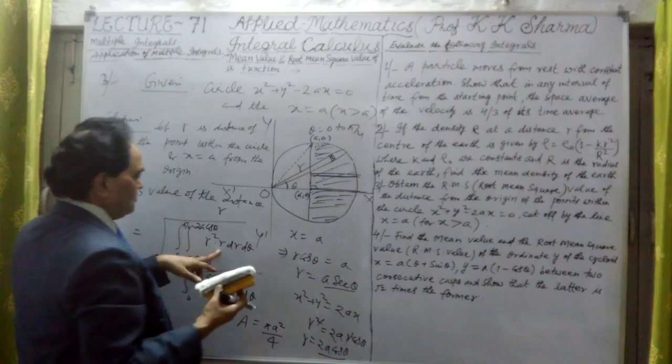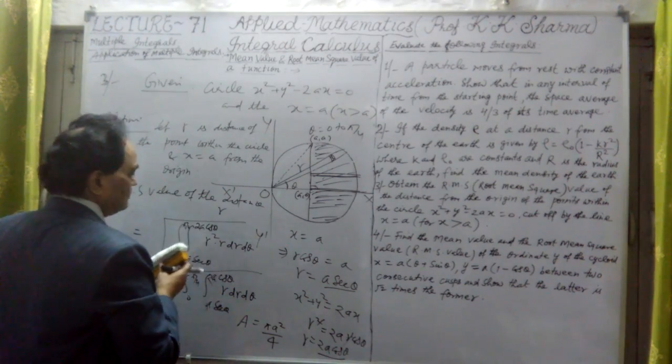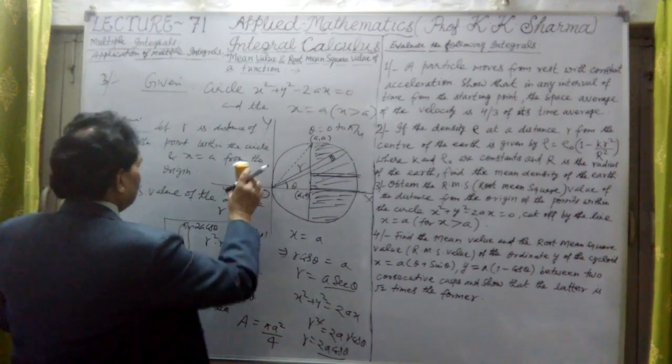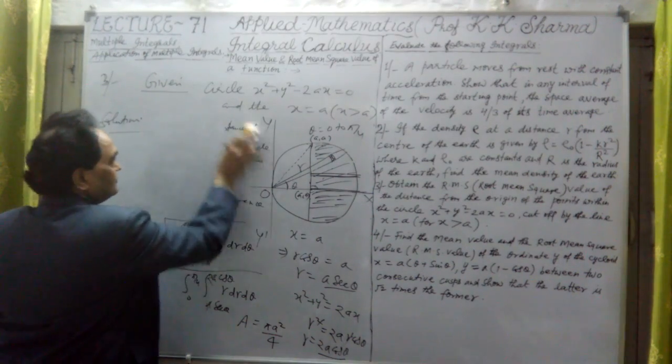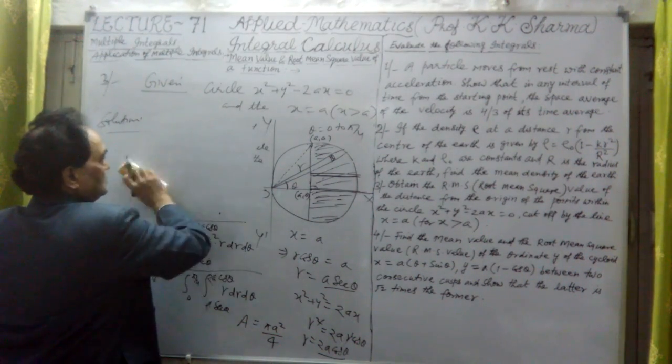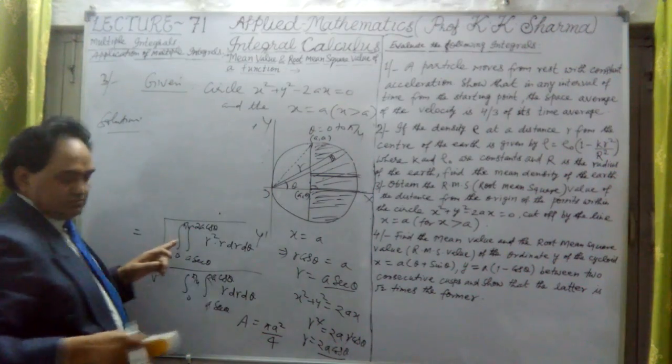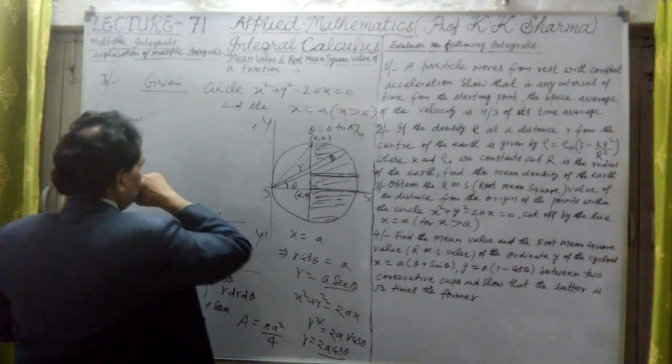In the numerator, I have to now solve. Let me solve the numerator here. So numerator of this equation, root mean square value of this distance r here.